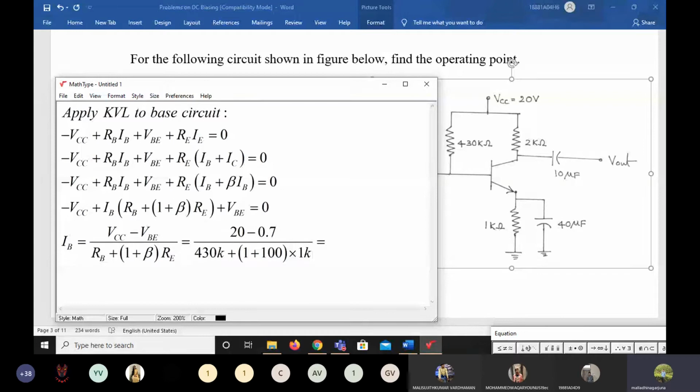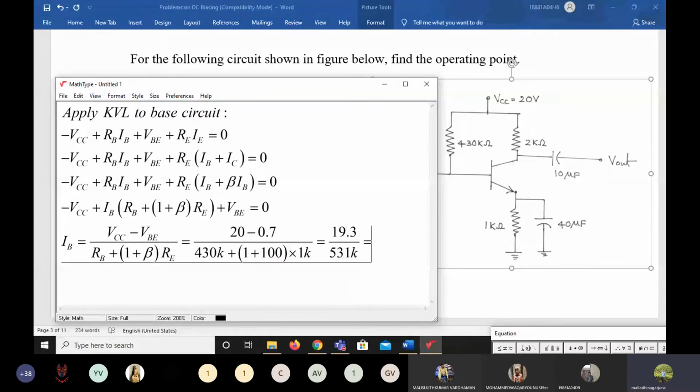So this is 19.3 divided by 430 plus 1 plus 100, 101 into 1, which is 101. 430 plus 101 is 531.